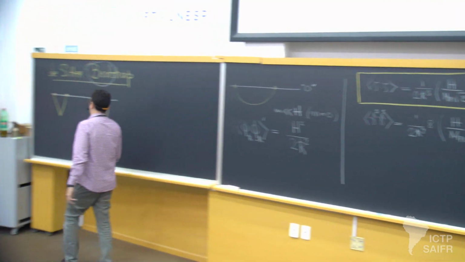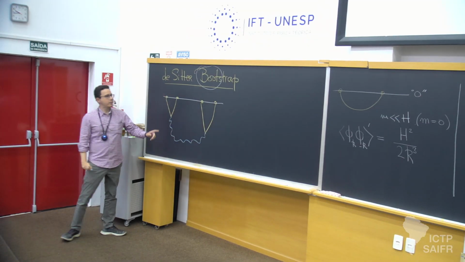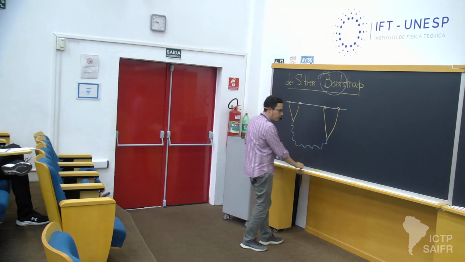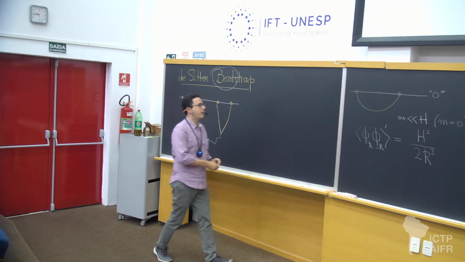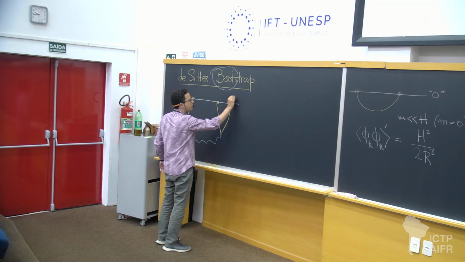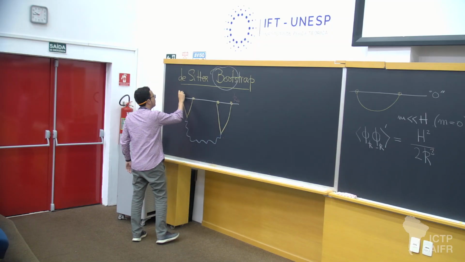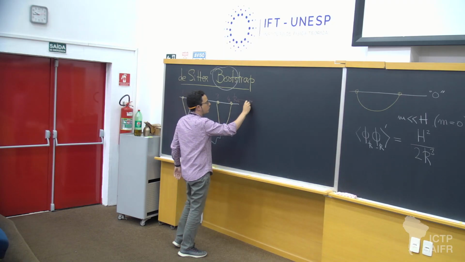So this is the diagram that you would compute in de Sitter space, a 4-point function. But then what you do is you deform it a little bit. You take one of the legs, this momentum here, and you make it very soft, this k4. So this is 1, 2, 3, 4, and you send k4 to 0.